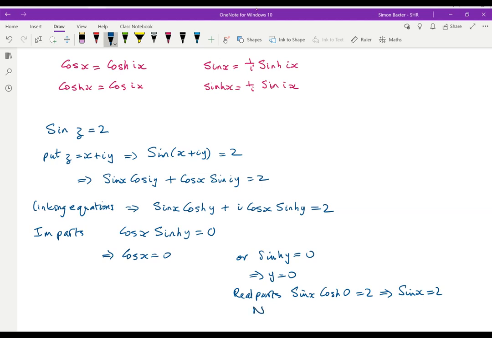That is not possible. So we can't have sinh y is naught. We've got to rely on cos x is naught. Cos x is naught means we must be on the pi by 2's. And so x must be 2n plus 1 pi by 2. That will do all of the pi by 2's for n any integer.